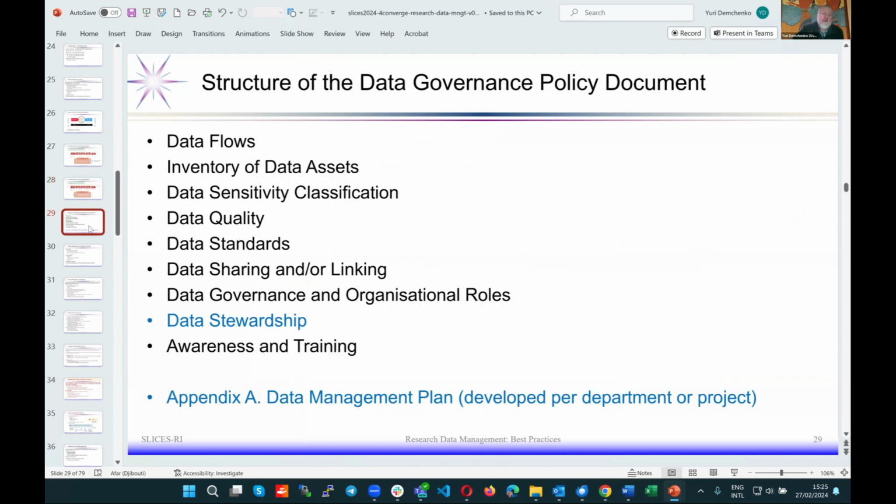And if you look at the data governance document, beside all these issues related to the data infrastructure, different data actions, operations, and transformations, there is also a definition of data governance and organizational roles. In the data governance policy of an organization, a chief data officer, project data officer, or something like this is defined.